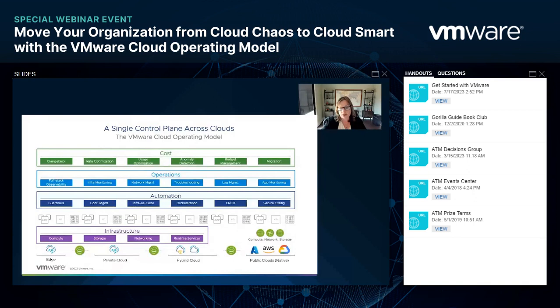And so I'll talk a little bit more in the next slide about the infrastructure in the purple box, which is our VMware Cloud, which is a consistent vSphere software-defined data center in the hyperscalers.